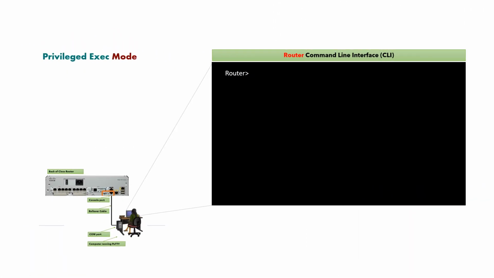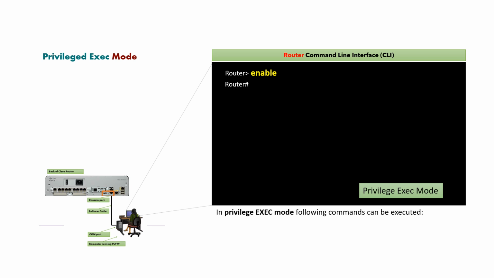After accessing user mode of the router, type enable and press enter to access privilege mode. Privilege mode has the following prompt, router #. You can type question mark and press enter at privilege mode to observe all the commands that are available at this mode. Some of the most commonly used commands are configure terminal to access global configuration mode of the router.